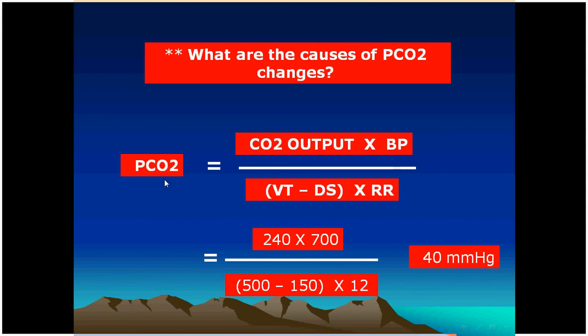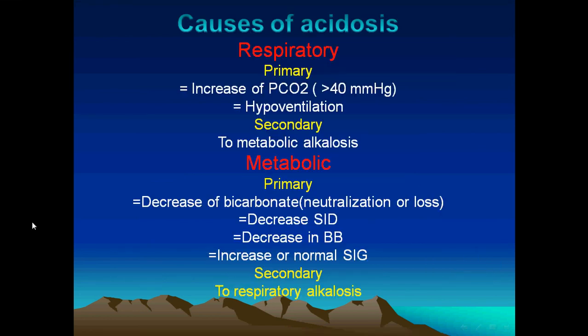So the carbon dioxide can increase with excessive production of carbon dioxide, maybe in a hypermetabolic state, or a decrease in the tidal volume due to pneumonia, aspiration, heart failure, or pneumothorax, or in COPD due to spasm, or dead space like that in the case of pulmonary embolism, or decrease in the respiratory rate by any cause.